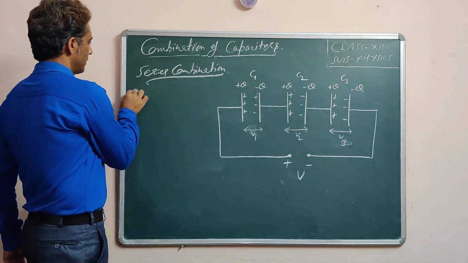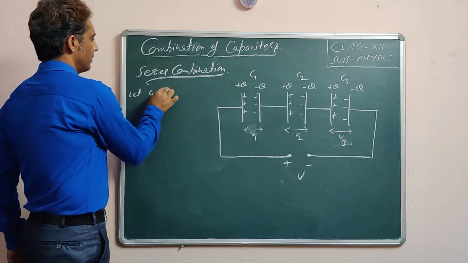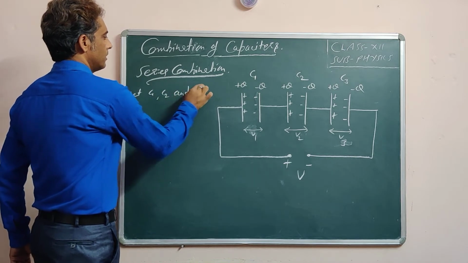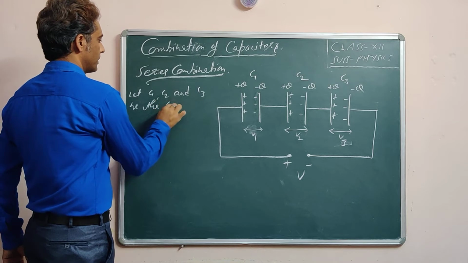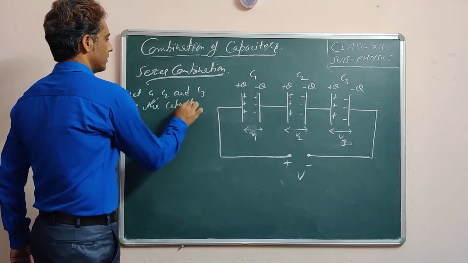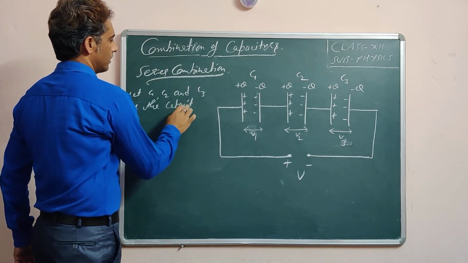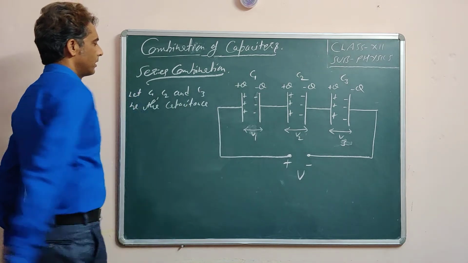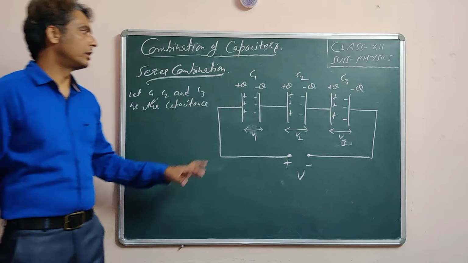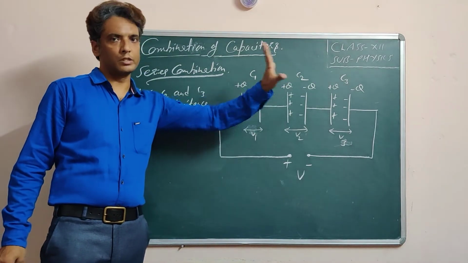So let C1, C2 and C3 be the capacitance of the capacitor 1, 2 and 3 respectively.